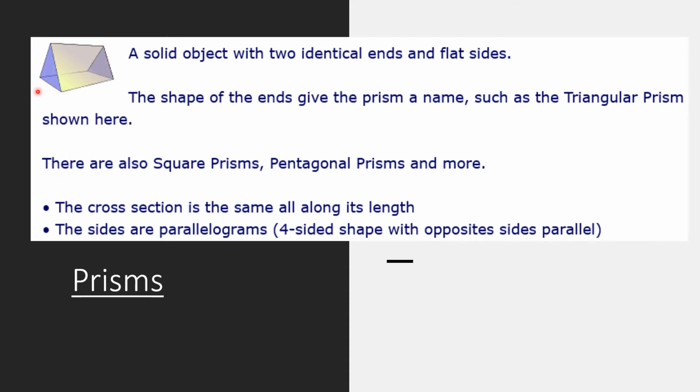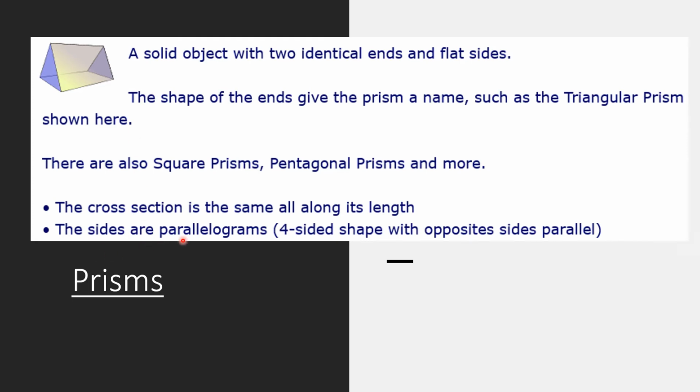So here and here, those 2 ends are identical, and the ends are triangles, so it's a triangular prism. The most common place you might see this particular one is if you think of a Toblerone chocolate bar. If you think of the big ones, their boxes are triangular prisms. You can have square prisms, pentagonal prisms, and so on.